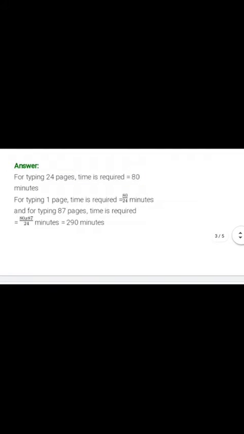And for typing 87 pages, for one page the time required is 80 upon 24. Now we have to multiply it by 87 because we have to type 87 pages.